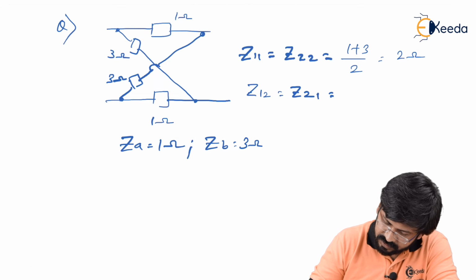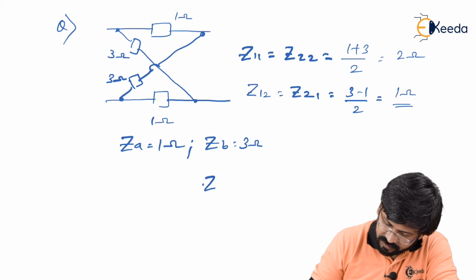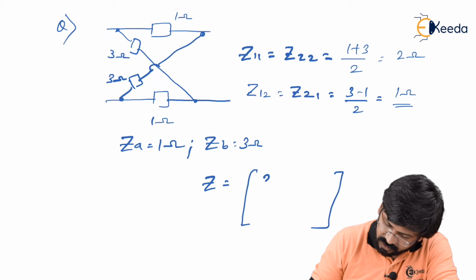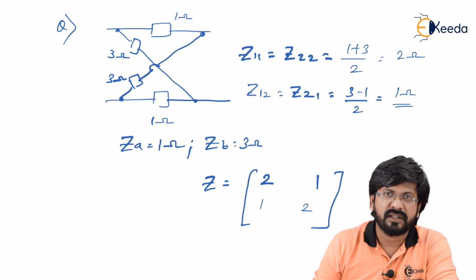So this time it is 3 minus 1 by 2, which is nothing but 1 ohm. So I can write finally Z parameters like this: 2, 1, 1, 2. So these are your Z parameters for the standard lattice network.